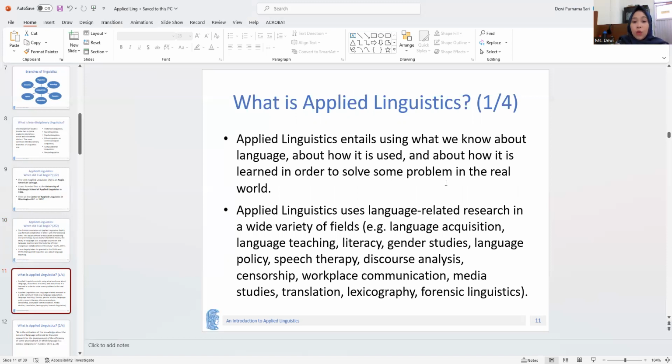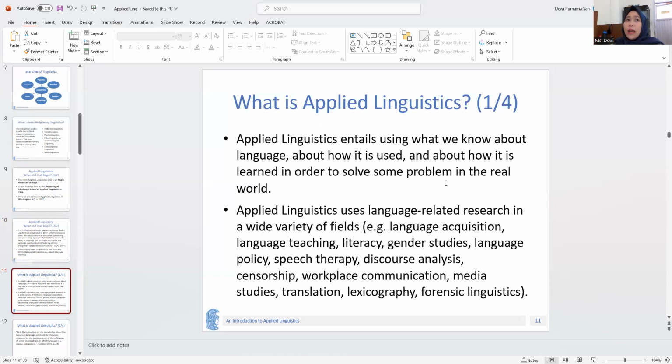And this applied linguistics uses language-related research in a wide variety of fields, for example, language acquisition, language teaching, literacy, gender studies, language policy, speech therapy, discourse analysis, censorship, workplace communication, media studies, translation, lexicography, and also forensic linguistics.